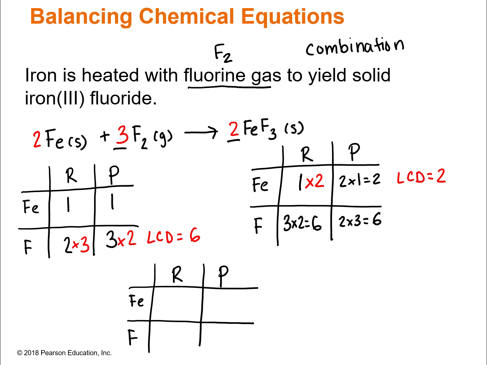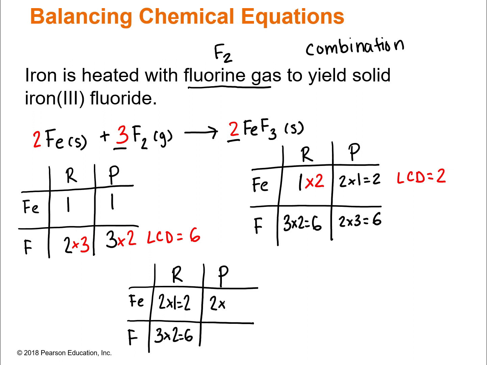And it's a lot easier to do that when you keep track of what you did. That way you can make sure, okay, oh, I multiplied 3 times 3 instead of 3 times 2. Silly me. And you fix it. We've got 2 times 1 for the iron on the reactant side. 3 times 2 for our fluorine.